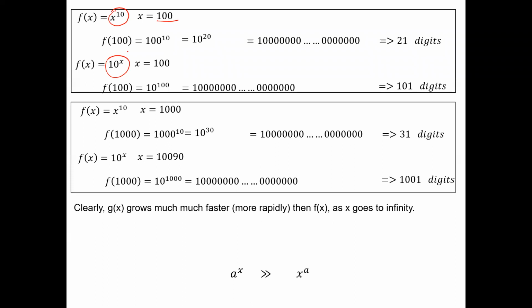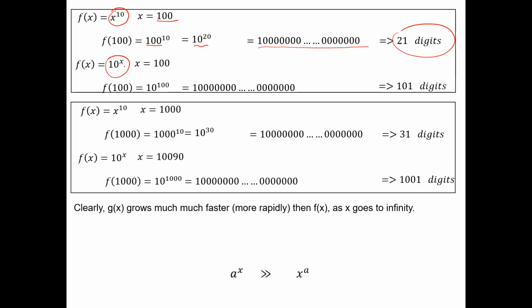In the power function, I substituted 100. 100 to the power of 10 is 10 to the power of 20, because 10 squared, 2 times 10 is 20. 10 to the power of 20 is a 21-digit number, 1 and 20 zeros. We can imagine this number.